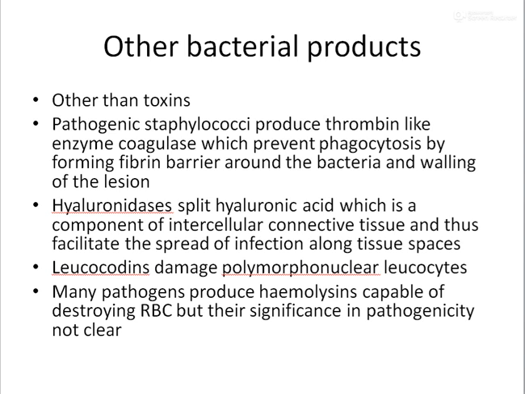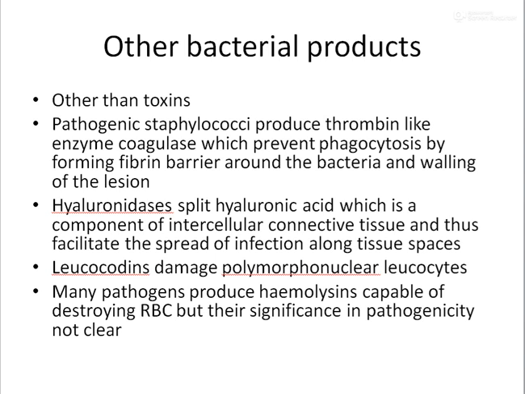Other than the toxins, various other bacterial products also contribute towards virulence. You can have hyaluronidases, which are enzymes that split hyaluronic acid. It is a main component of the intercellular connective tissue, and thus it facilitates the spread of the infection along the tissue spaces. You can have leukocidins, which damage the polymorphonuclear leukocytes, so the WBCs are inhibited.